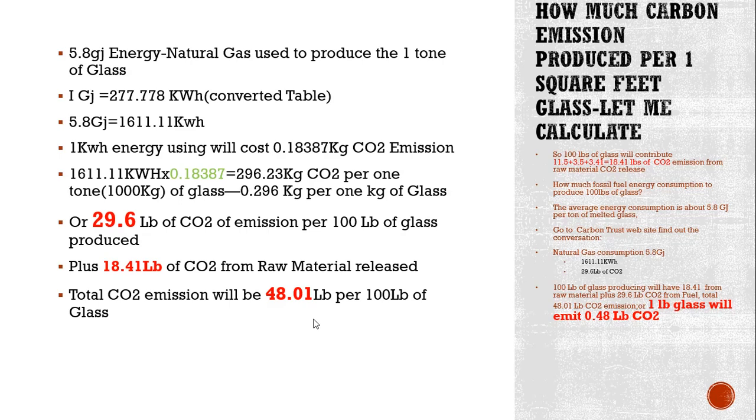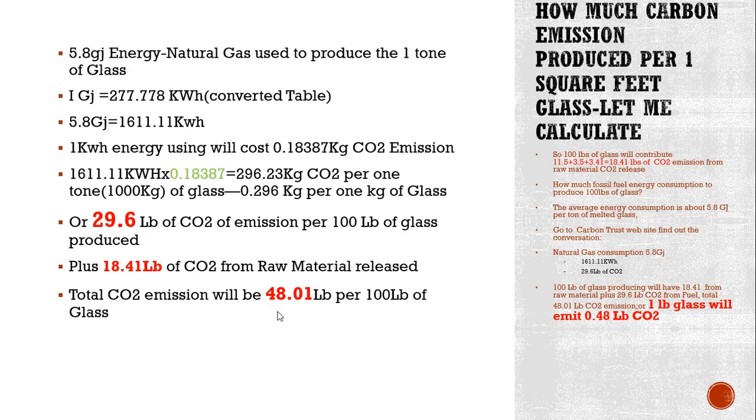You can go to the website and find that 1 gigajoule equals 177.778 kilowatt hours, so 5.8 gigajoules equals 1611.11 kWh.